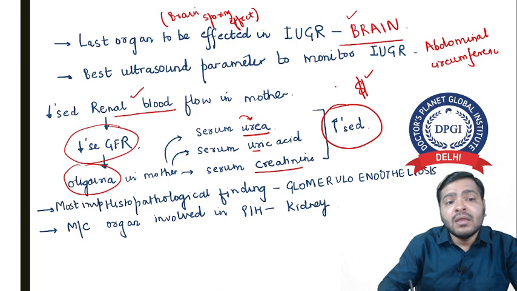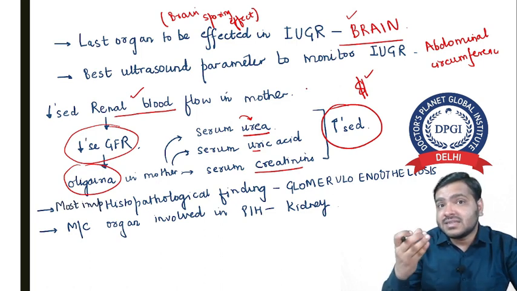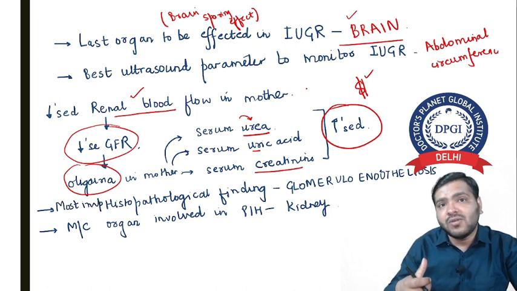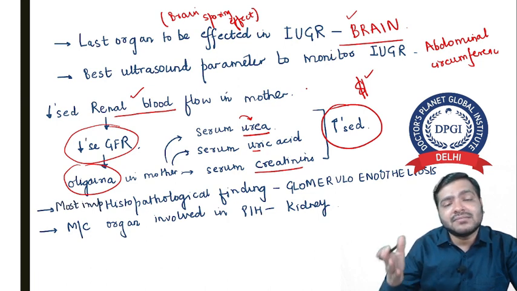Okay, so ultimately in both mother and the fetus, the GFR is decreasing. In the fetus it will lead to oligohydramnios, in the mother it will lead to oliguria, and oliguria simply indicates the concentration of urea, uric acid and creatinine will be increased in blood. It will not move out through the urine.